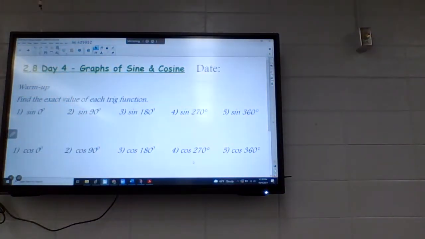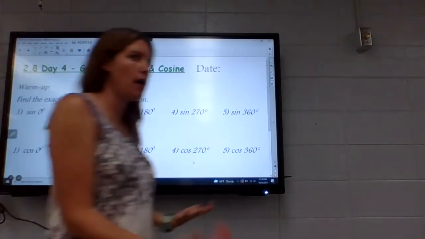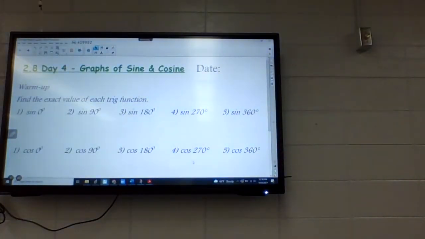All right, so for our warm up here, this was going to get us to start thinking about the shape of sine and cosine graphs. This warm up is meant to seem redundant because sine and cosine graphs are redundant. Guys, can you stop talking please? This pattern would continue over and over again, like when Trey said, can't you just add 360 onto that?